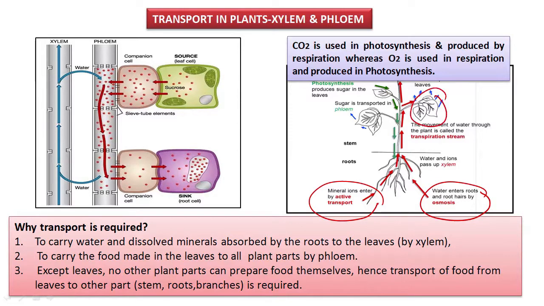Then food is produced by photosynthesis, and the food is supplied to different parts of the plant. So why is this transport required? It is required to carry water and dissolved minerals absorbed by roots to the leaves by xylem, and to carry food made in the leaves to all parts of the plant, because except leaves, no other plant parts can produce food.